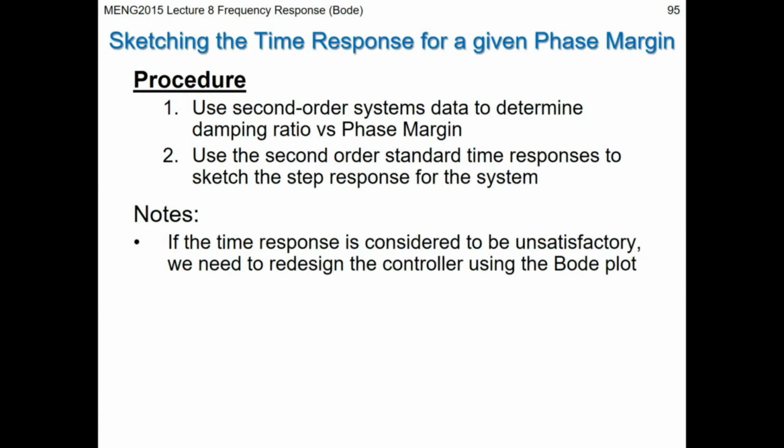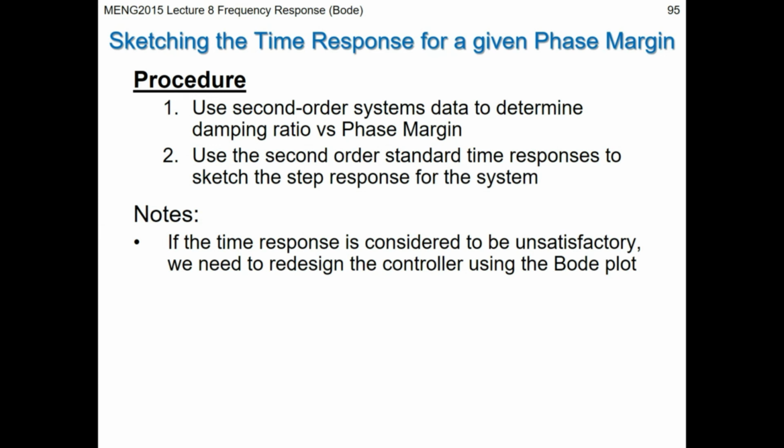The two main ways: one is we can change the gain K, the proportional gain, or we could introduce a compensator, which adds new lines effectively to the Bode plot, which you would then add to the ones that already exist.